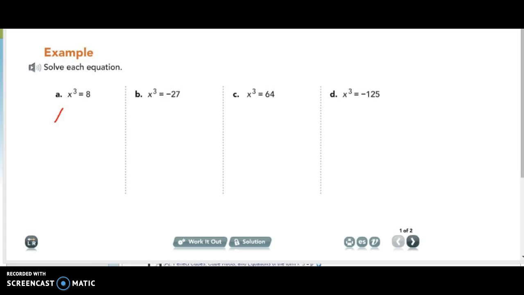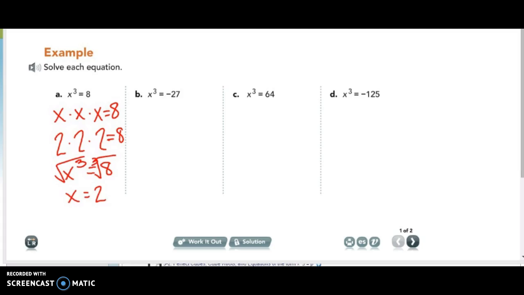But what this means is x times x times x is going to equal 8, and we want to know what that is. And 2 times 2 is 4, times another 2 does in fact equal 8. So when we have x to the third power equals 8 and we cube root it, then we have x equals 2.